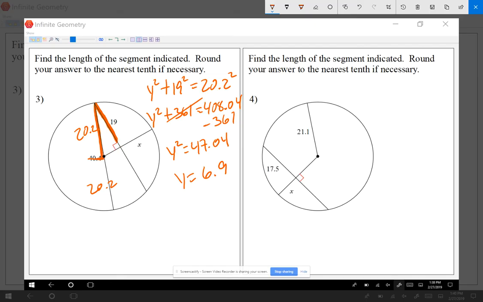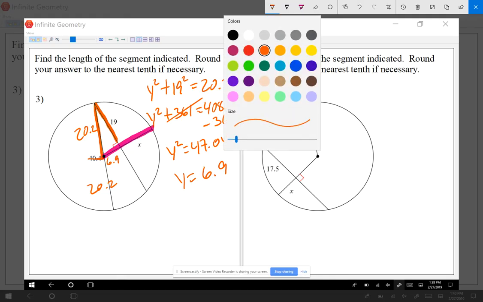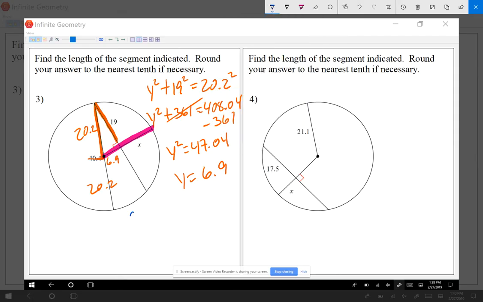So let me just write 6.9 over here. However, this whole thing is a radius. The whole radius is 6.9 plus x. That's how I'm going to be able to solve for x. You guys see it in purple. I'm going to let this equal another radius.